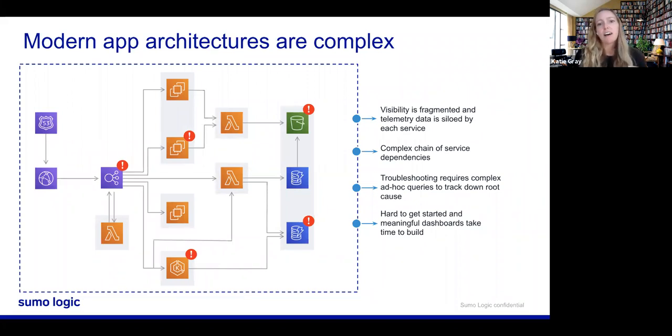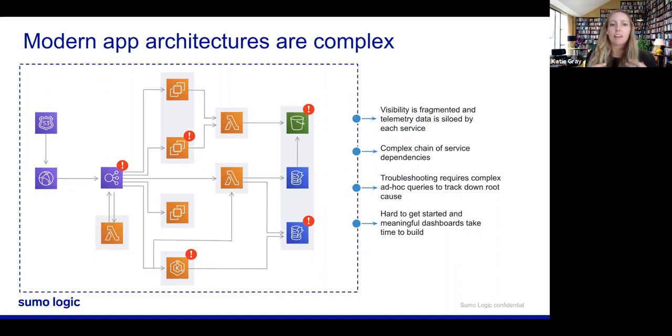So we see the impact of a lot of these things is that visibility tends to be super fragmented throughout these different services, and that data can be siloed by those services. In addition, there's often a pretty complex chain of dependencies as you're trying to troubleshoot an issue.